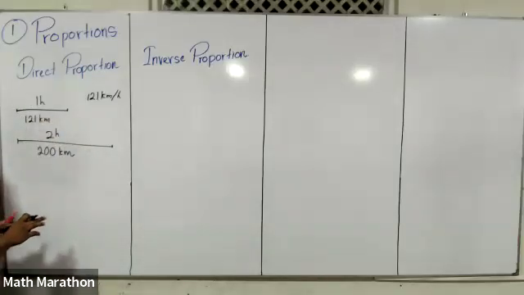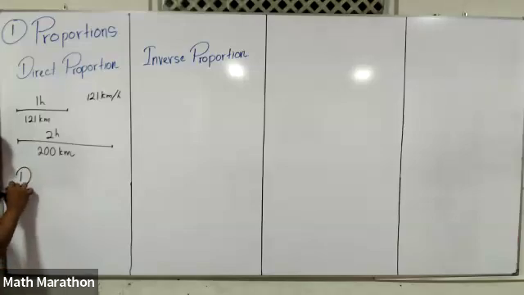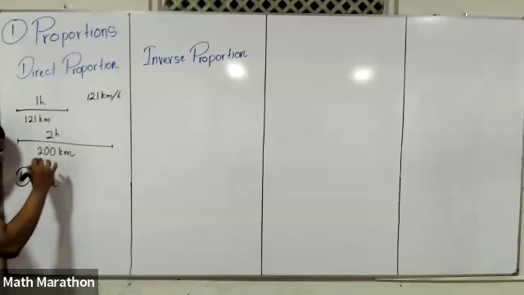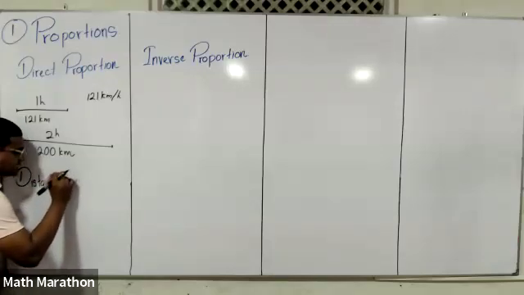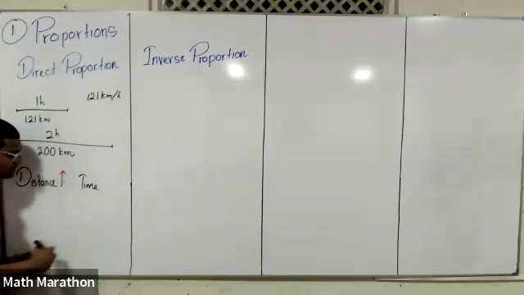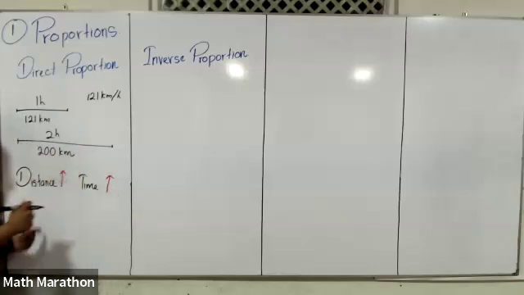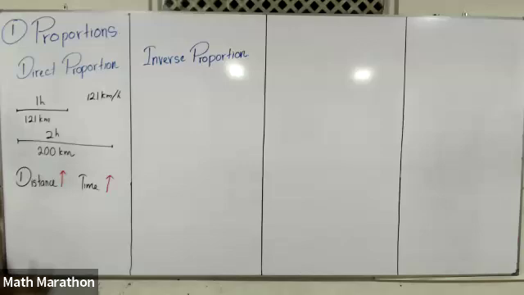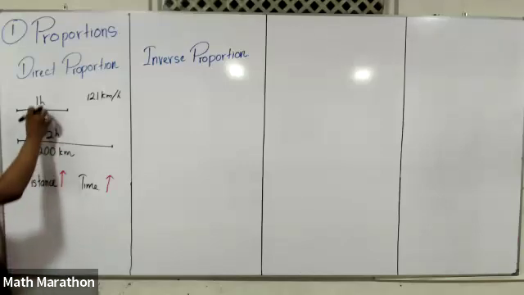So here, if we see the distance traveled, when the distance increases, the time increases. So why can't, if the cheetah can run 121 kilometers in 1 hour, why can't it run the 200 kilometers below that?